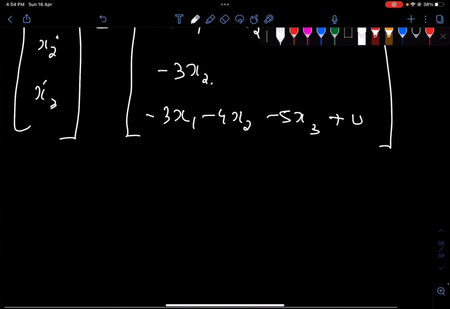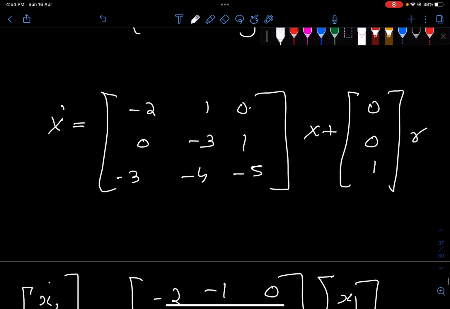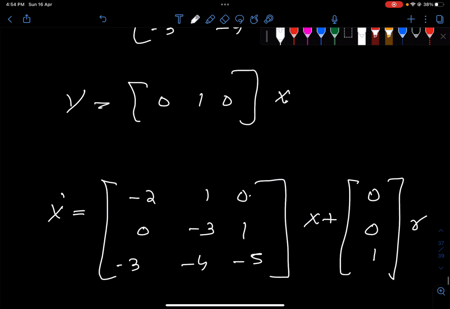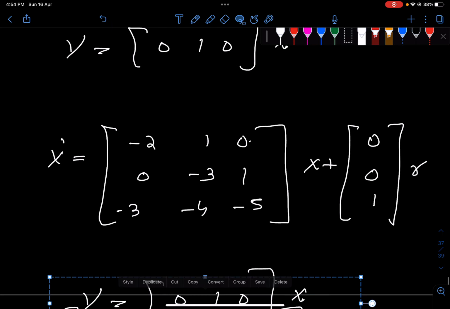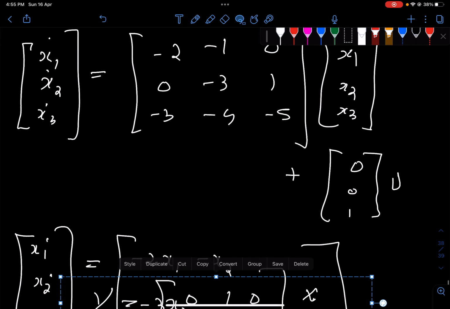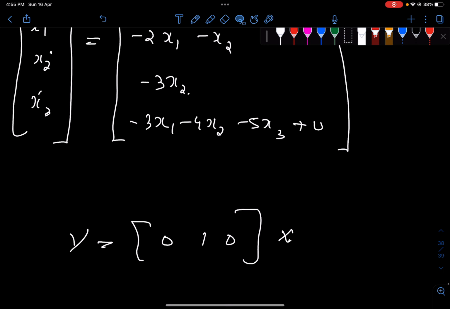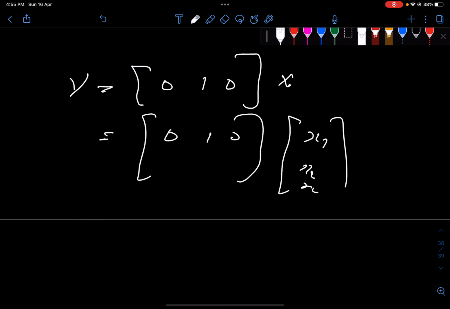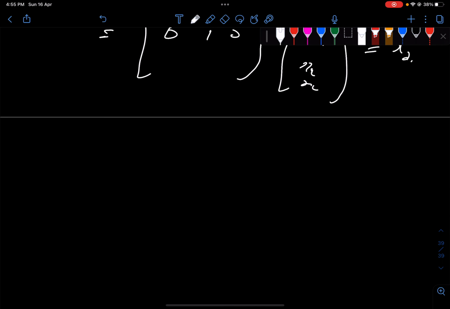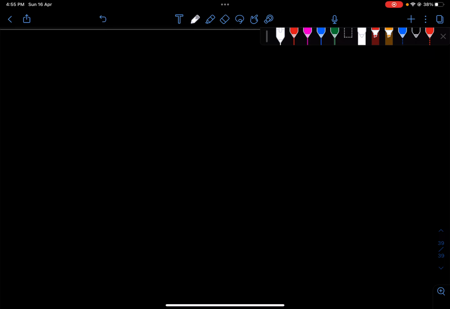From our y matrix we can tell it easily, just copy it out: it is 0 1 0 times x1 x2 x3. So y is just x2. After that you create the diagram. How many state variables are there? 3 variables.